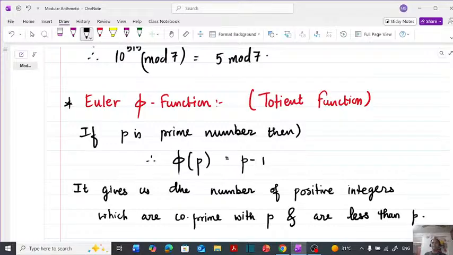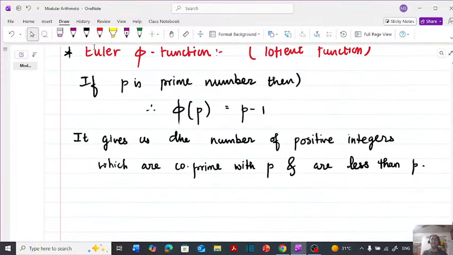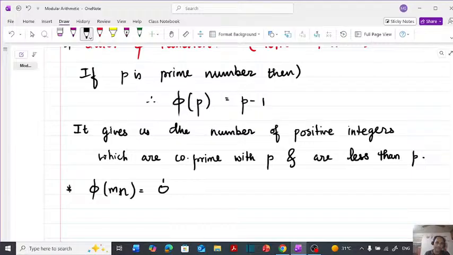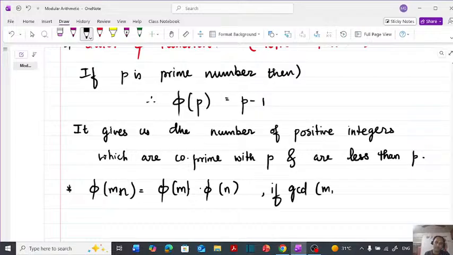Okay, so now if you take a bit general version of this, in general, if I have a number n, or rather, before even taking you to general, there is one property I'll tell you here, that phi of m times n is phi of m times phi of n, if GCD of m and n is 1.